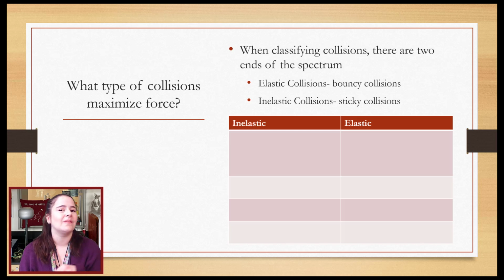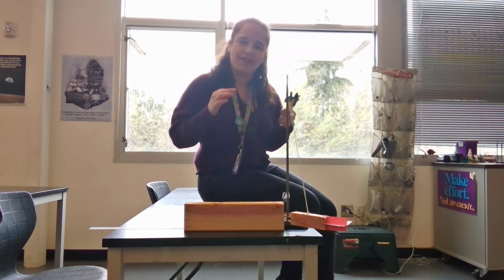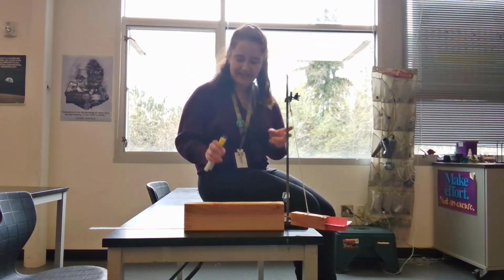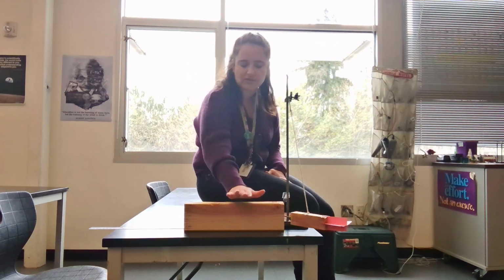Let's go ahead and look at it in a little demonstration. We're going to be looking at whether elastic or bouncy collisions or inelastic sticky collisions affect the bashing power or impulse that this block receives. So here's our setup. We have this little dart.